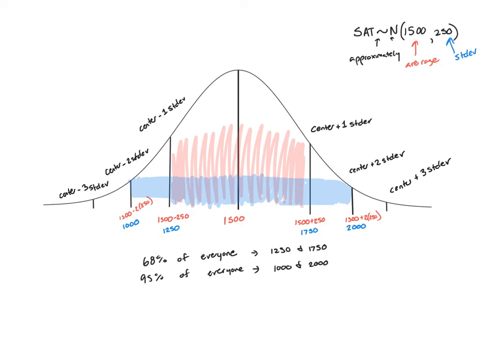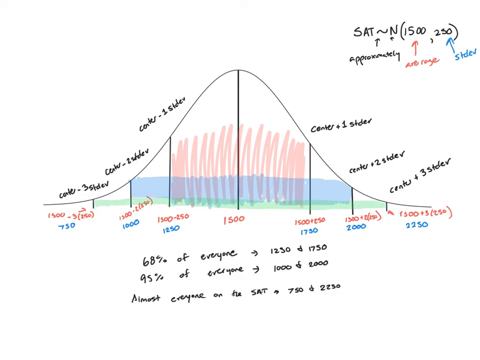And when I do this, plugging in the numbers, this one right here will be 1,500 plus 3 times 250, and this one right here will be 1,500 minus 3 times 250. These will give me values of 2,250 and 750, and what this is going to tell me is that almost everyone on the SAT will get between a 750 and a 2,250 on there.